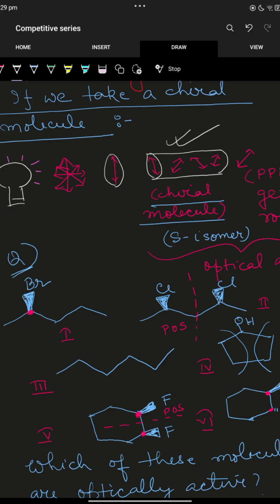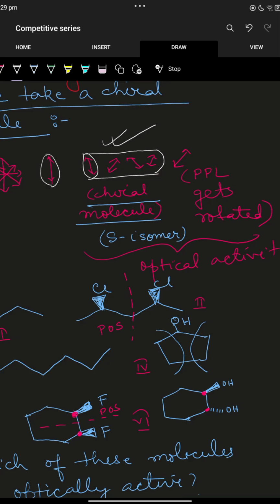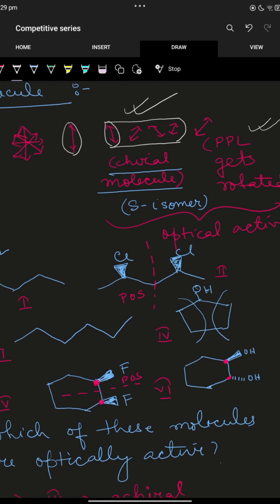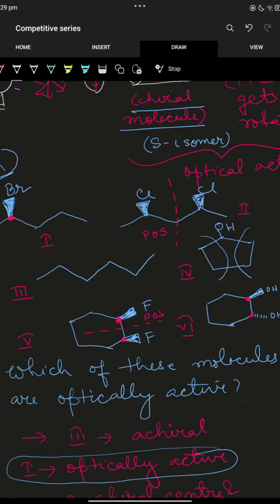Inside the sample tube you can see light of all planes. So the plane polarized light, when it finally emerges, gets rotated. It orients towards a particular direction, and there is some degree of rotation. Since there is a rotation, this is known as optical activity. That is, some degree of rotation of the plane polarized light is observed.